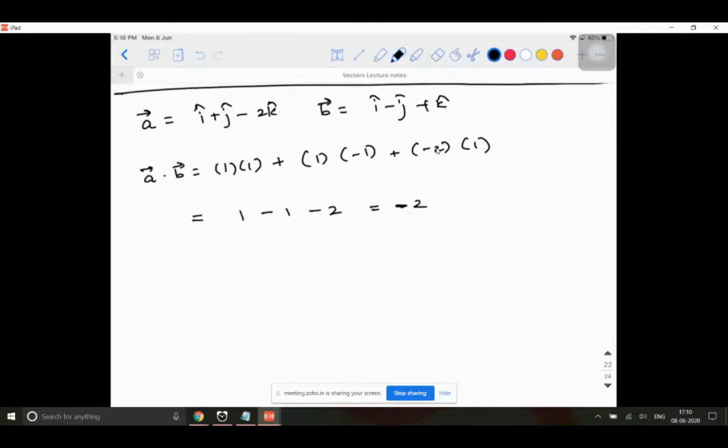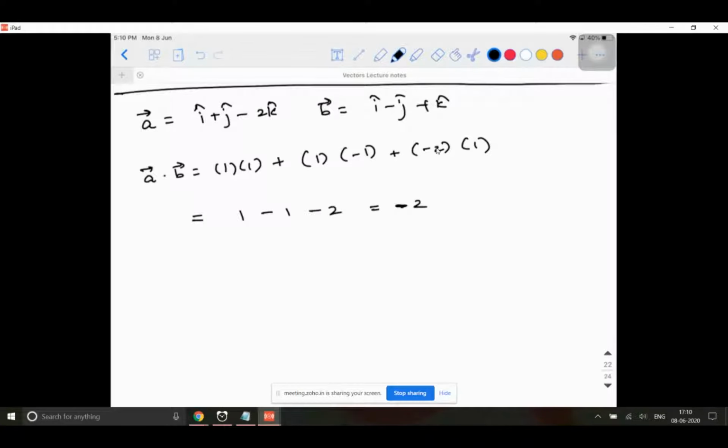Now tell me one thing, when you're doing this a vector dot b vector, are you getting a scalar output or a vector output? Scalar. So you're getting a scalar output, right? That is why dot product is also known as scalar product.